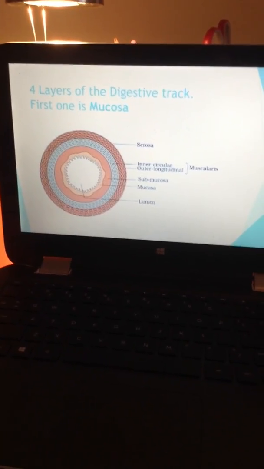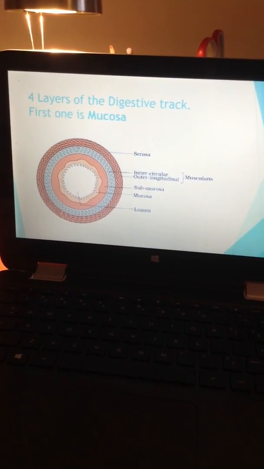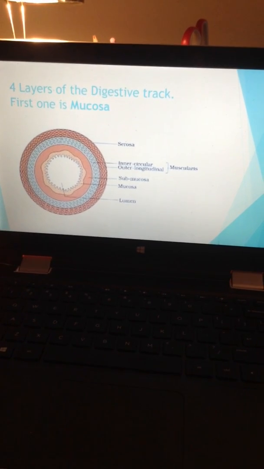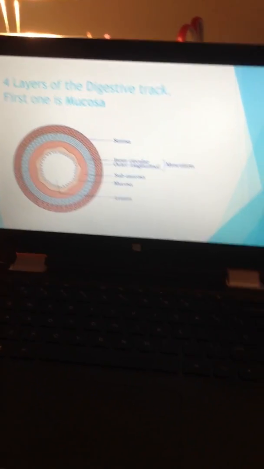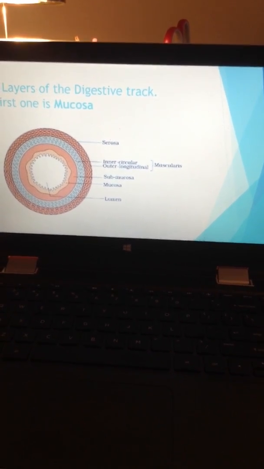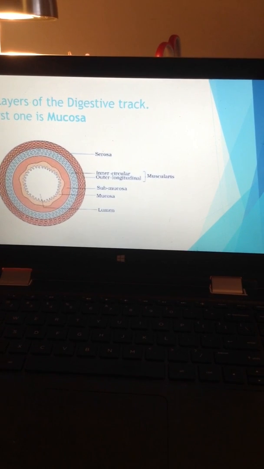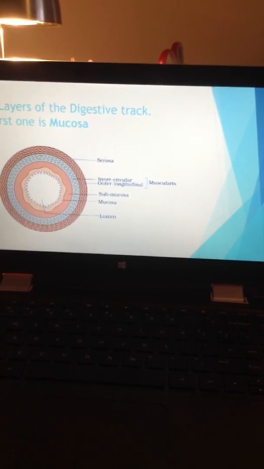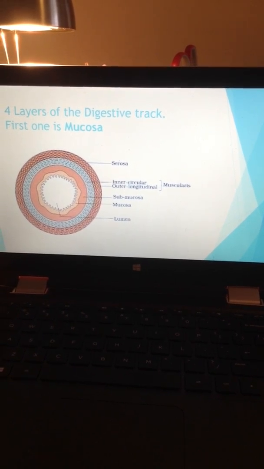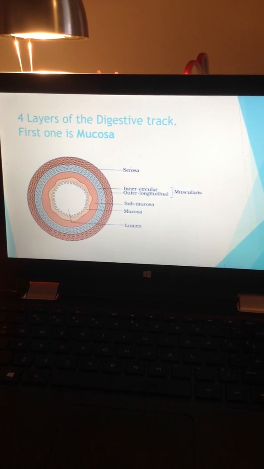The first layer, starting from close to the lumen, is the mucosa. The mucosa is the layer that directly touches the food. It's comprised of an epithelial layer, an underlying loose connective layer called the lamina propria, and a thin layer of smooth muscle called the muscularis mucosa.